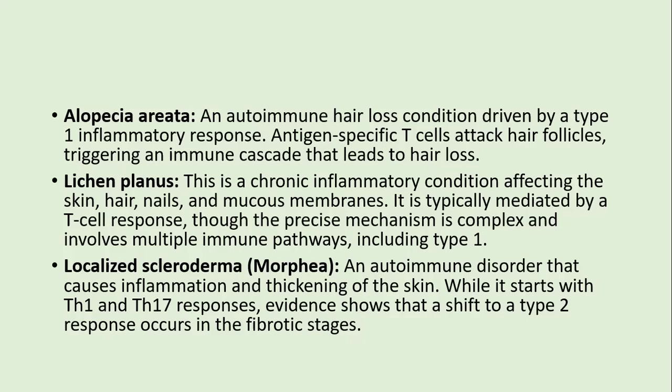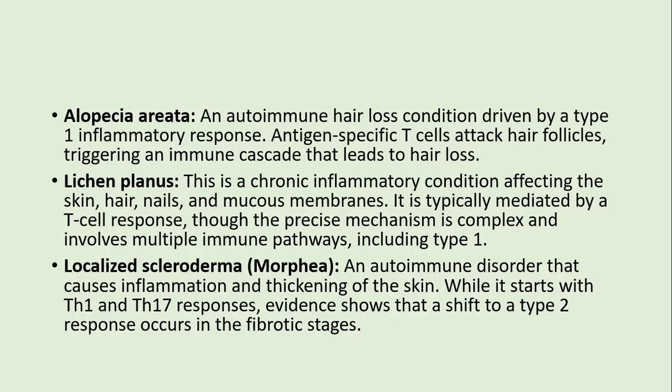Lichen planus is another condition associated with type 1 immunity. It's a chronic inflammatory condition that affects the skin, hair, nails, and mucous membrane. It is again mediated by Th1 helper T cells, though the precise mechanism is complex and involves multiple immune pathways.